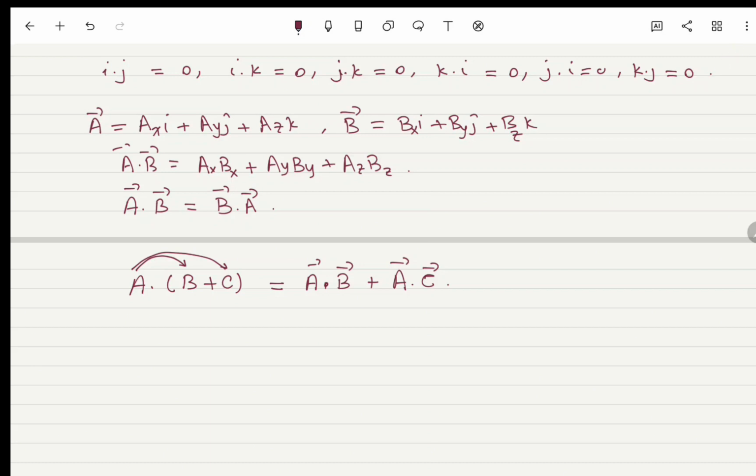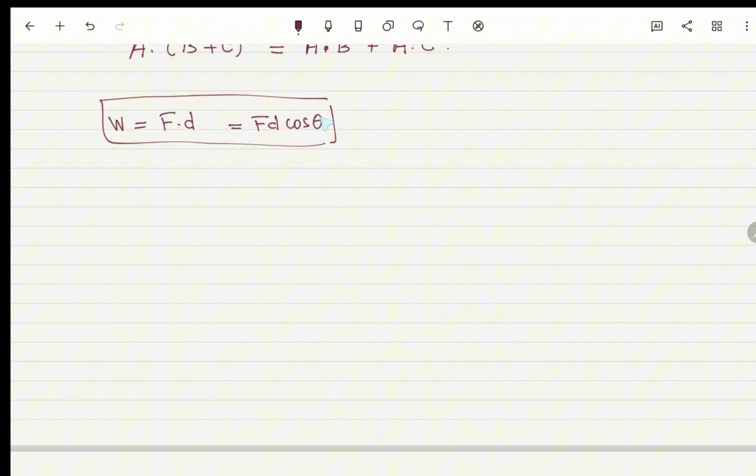As a real example for dot product is work. So work in physics is defined as F dot D or equal to F D cosine theta. In such a way, theta here is the angle between F and D.